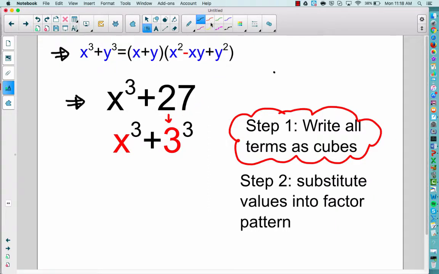Now, I'm going to write just below this in green so you can see it. This takes on the role of x, and this takes on the role of y for the pattern. Now we're going to substitute the values directly into the pattern.